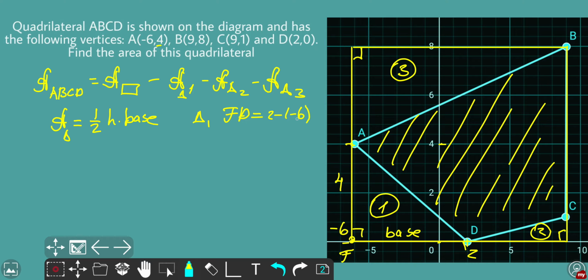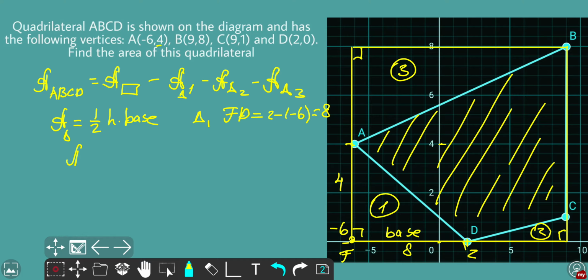That's how we normally find the distance between two points that are horizontal. It's just a simple subtraction, so you're not supposed to apply the complicated distance formula. That's the way you can do it, okay? It's going to be 8. So now we know the base is 8 and the height is 4.